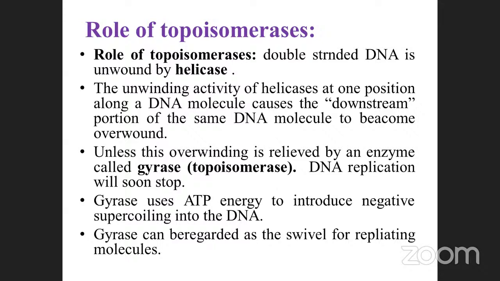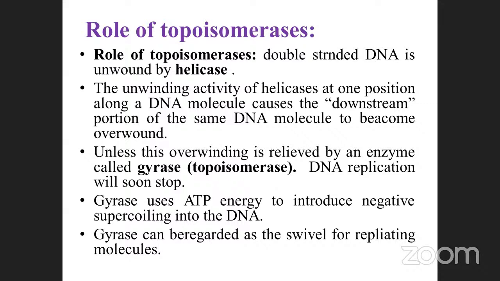So the unwinding stops with the help of the enzyme called gyrase. Gyrase uses ATP energy, a high energy compound, to introduce negative supercoiling into the DNA.